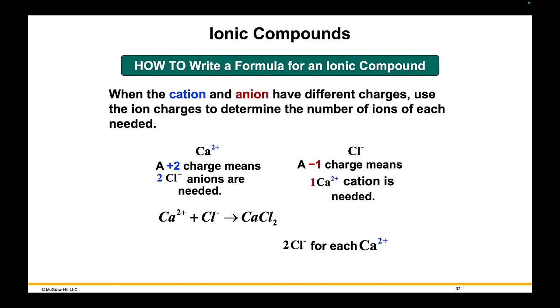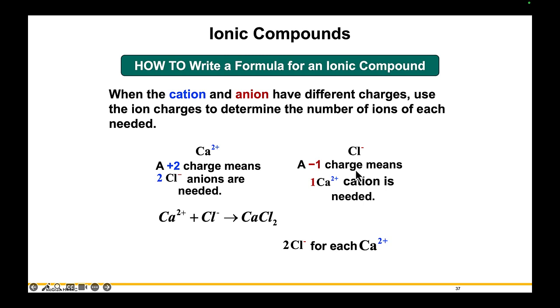However, sometimes you have cations and anions that have different charges, and so you're going to use those charges to determine how many ions of each are needed. So with calcium, you have a +2 charge. It's going to lose 2 electrons, being in group 2A, to give it that +2 charge.